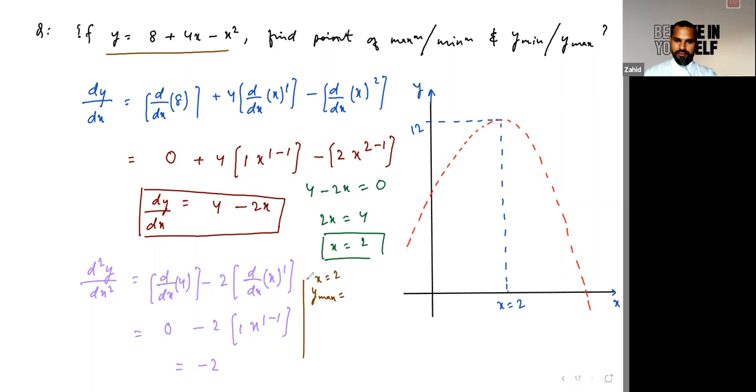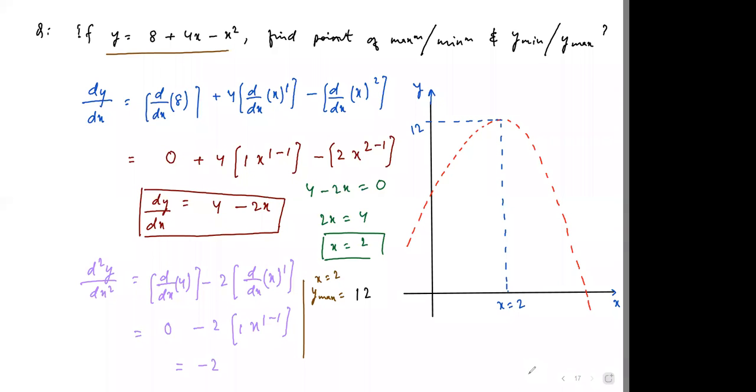And then if you put the value of x to be 2 in this above equation, you will get y is equals to 12 as maximum value. And if you draw related to this particular curve, you'll get this type of graph. Is it clear to you all? Yes, sir. Have you all written? Yes, sir.